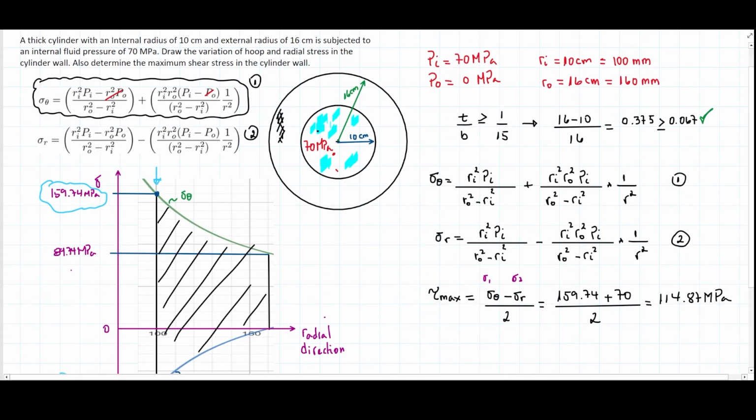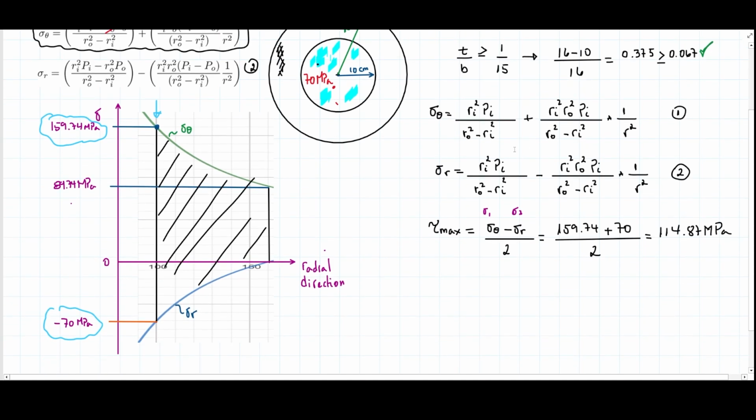Just a couple of checks. For example, checking that this is really an applicable example, meaning that it is a thick wall, by taking into account this condition. Another check is that the formulas, when we do the whole simplification, meet certain parameters. For example, in the radial stress, the internal radial stress equals the internal pressure, as it is happening here in the calculations, and then the external stress equals the outer pressure, which is 0 in this case, so it matches everything.